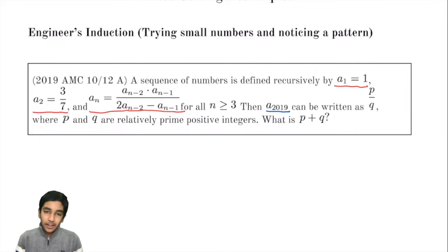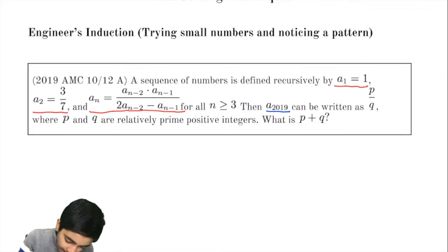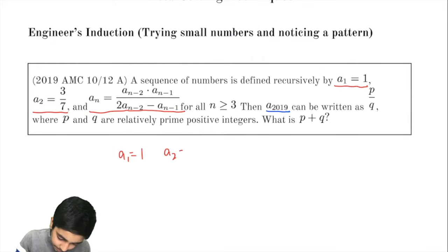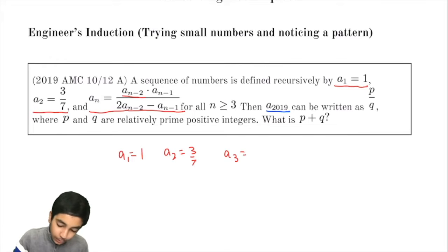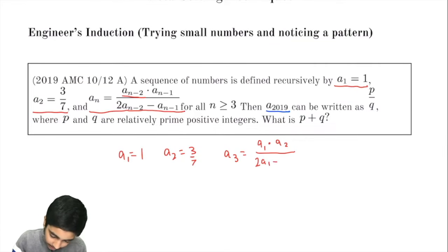So the idea here is 2019 is a huge number. So instead of looking for 2019, let's just try to find one or two terms, see where it goes maybe. So we know A1 is 1. Since A1 is 1 and A2 is 3/7, we know that A3 is equal to A1 times A2 divided by 2 times A1 minus A2.